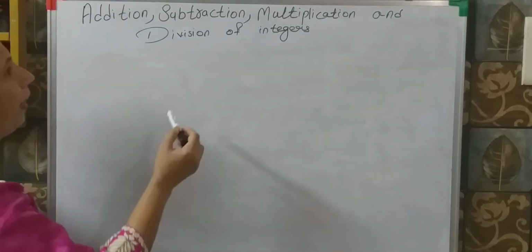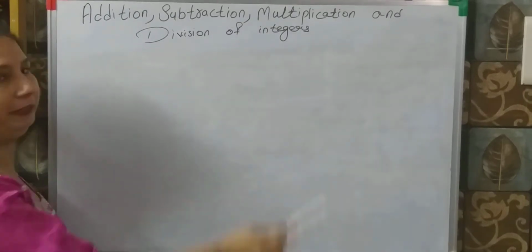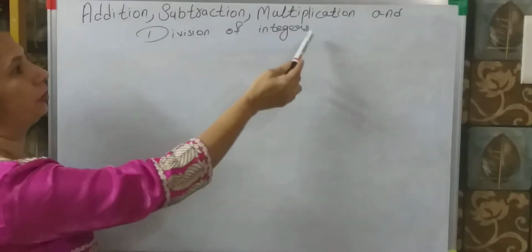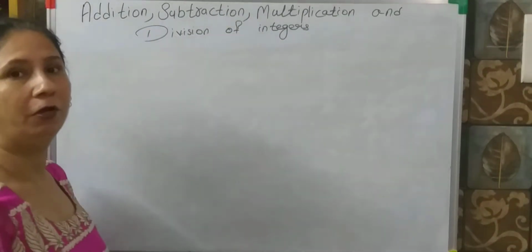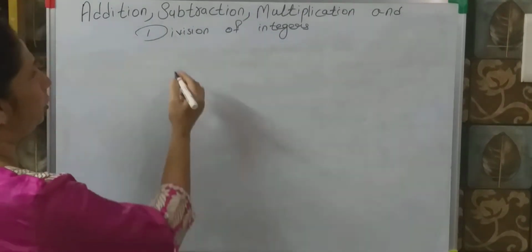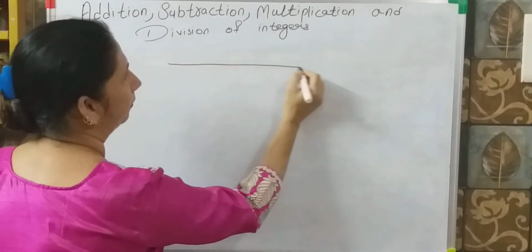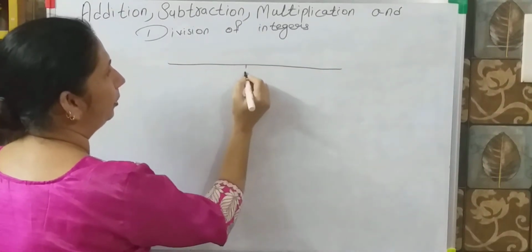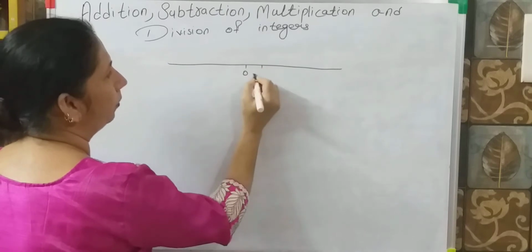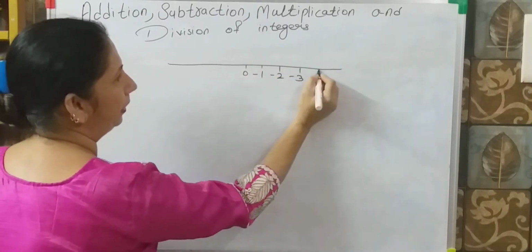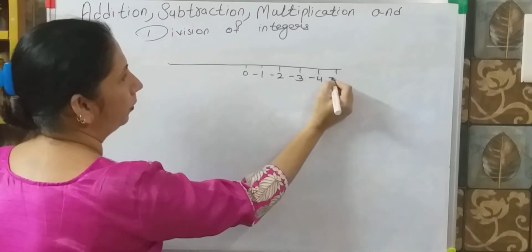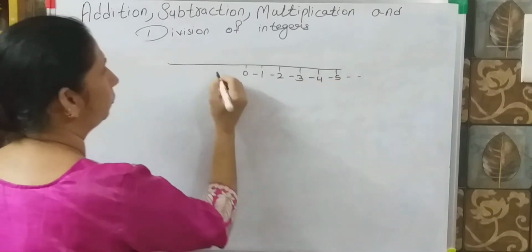In this video, I will explain the topic of integers: addition, subtraction, multiplication and division of integers. So, we will start with the integer line. I am making one integer line: 0, -1, -2, -3, -4, -5 and so on.